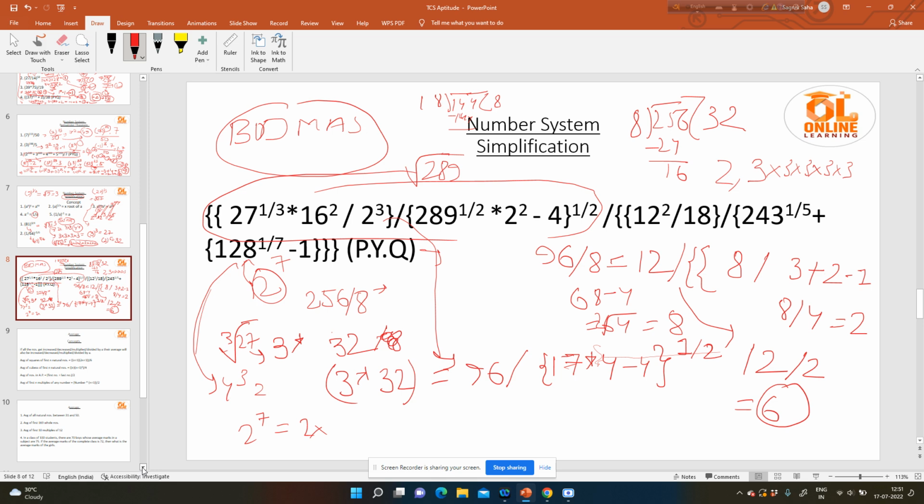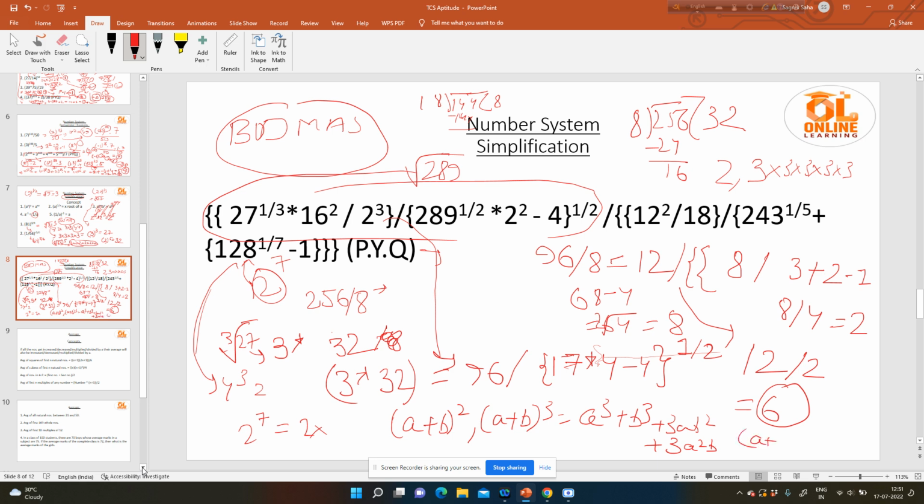Okay, now that's all for simplification. Other than this, you can have simplification questions that are generally based on direct formulas that you know, like a plus b whole square, then a plus b whole cube. We know a plus b whole cube is a cube plus b cube plus 3ab square plus 3a square b.